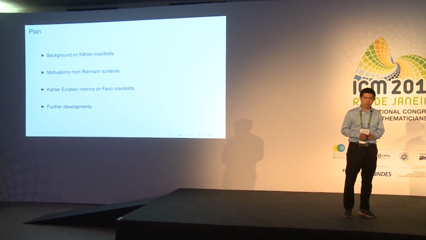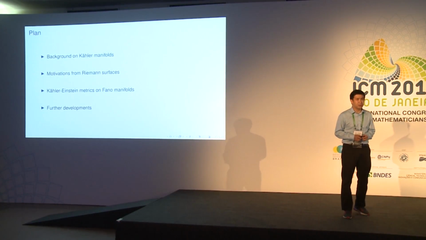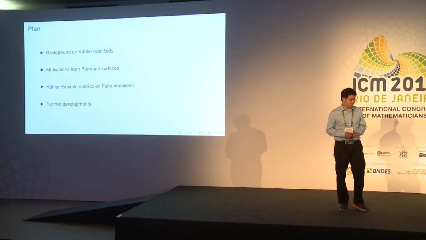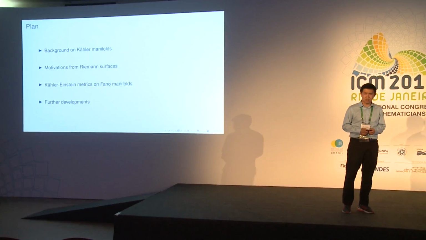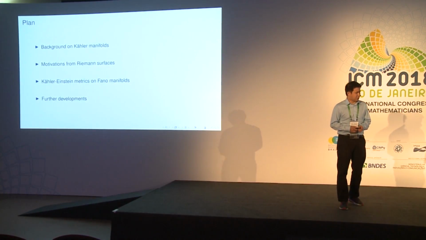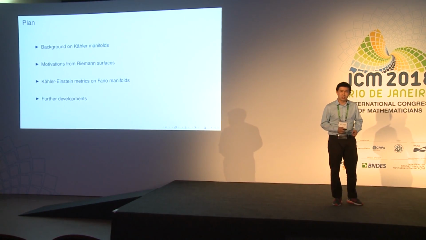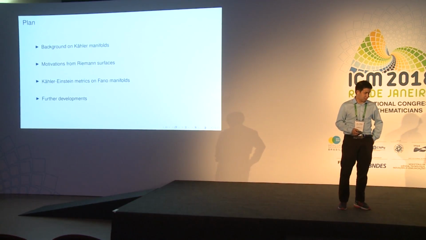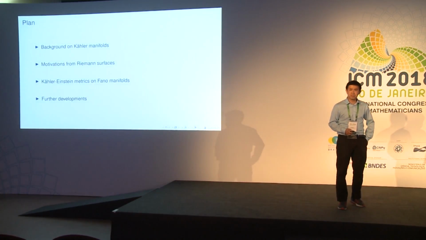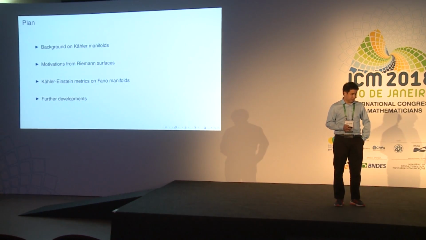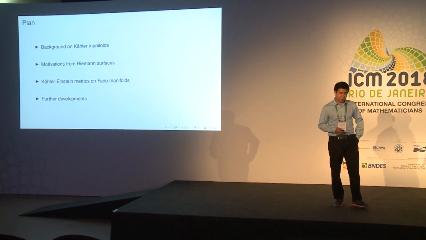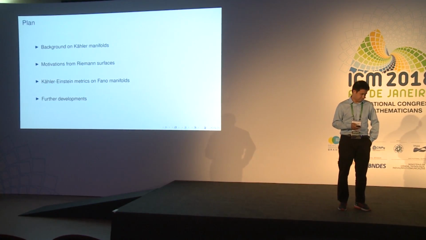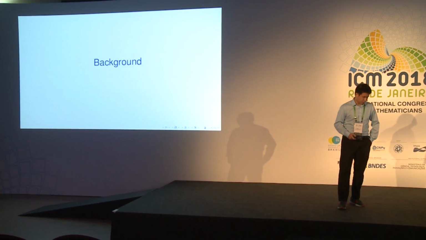In particular, I will explain the ideas in the proof of the existence theorem and the relation with degenerations and moduli spaces of these metrics. And in the end, I will talk about the further developments in this area.